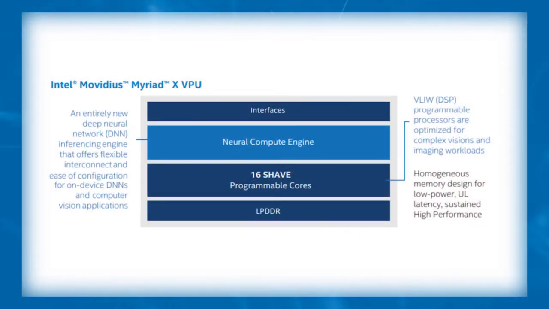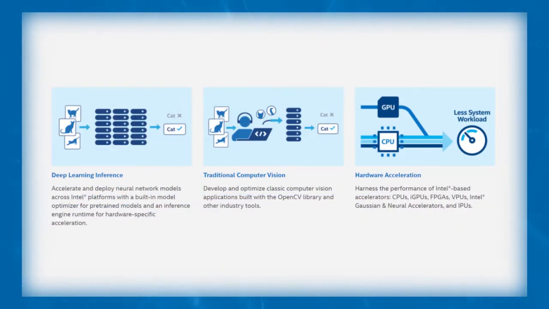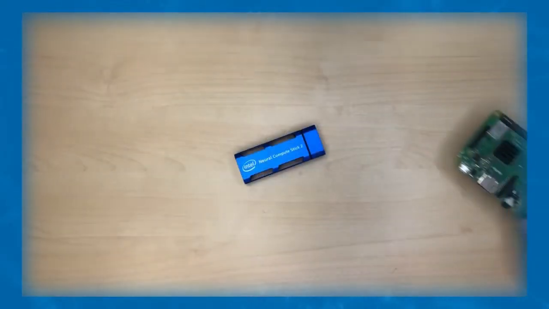Intel NCS2 is built on the Intel Movidius Myriad X VPU, or Vision Processing Unit, featuring 16 programmable SHAVE cores and a dedicated neural compute engine for hardware acceleration of deep neural network inferences. The Neural Compute Stick supports the OpenVINO Toolkit, a software development kit to optimize performance, integrate deep learning inference, and run deep neural networks on the Movidius Vision Processing Units.